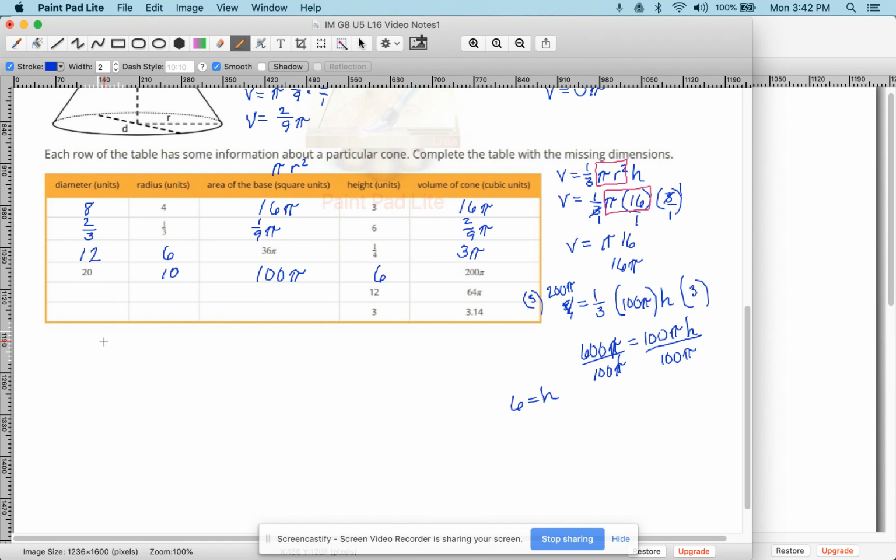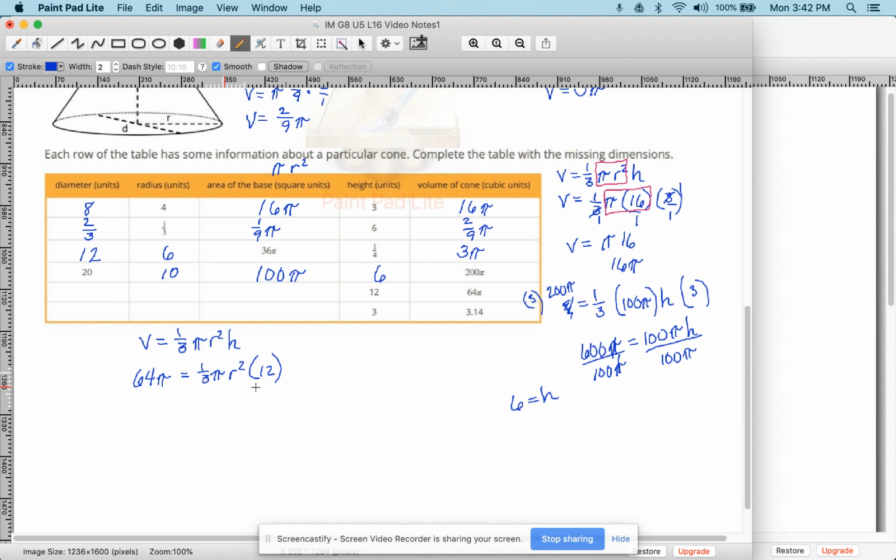So the next row doesn't give us the diameter, the radius, or the area of the base. It only gives us the height and the volume. So again, volume is 1/3 times pi times my radius squared times height. So I've got 64 times pi is my volume equals 1/3 times pi times my radius squared times 12 for my height.